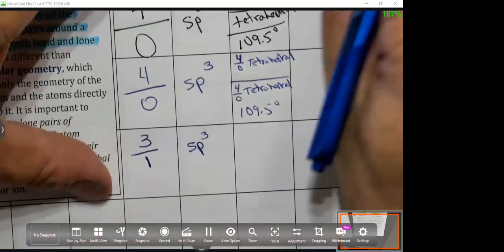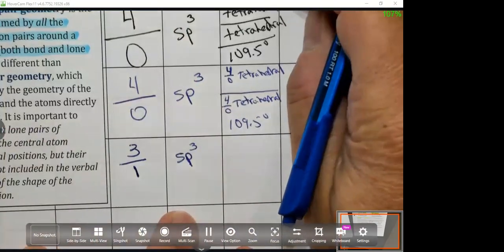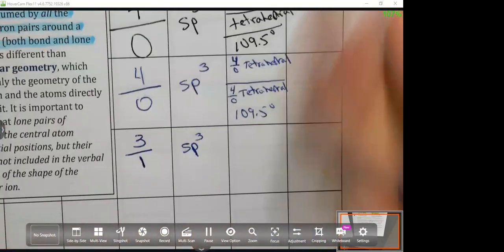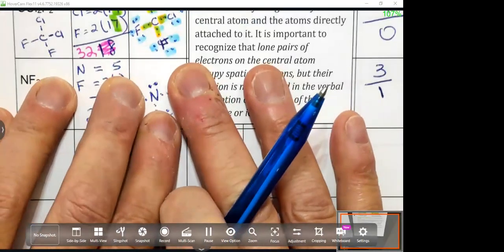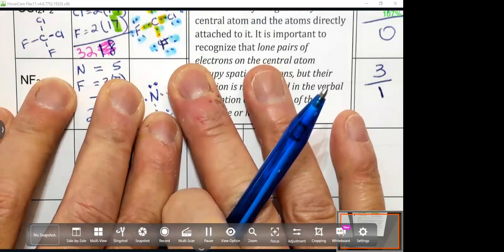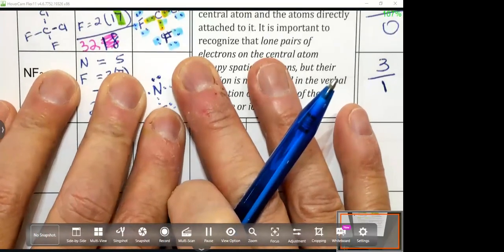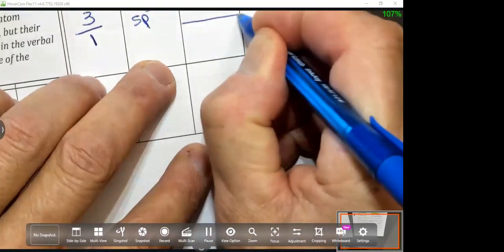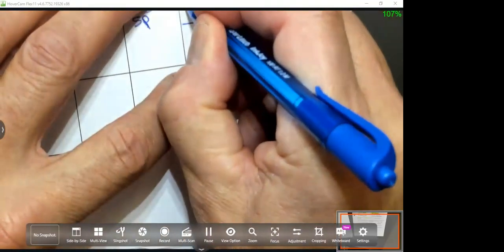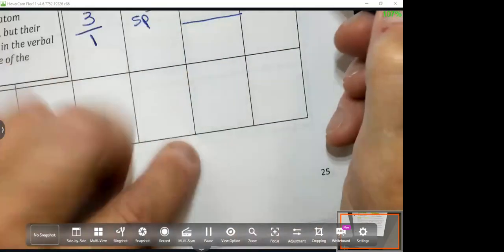Now, what is my electron pair geometry? How many possible bonds can the central atom have? 4, right? Got 4 bonds on the central atom. So the electron pair geometry, you treat it as a 4-0.